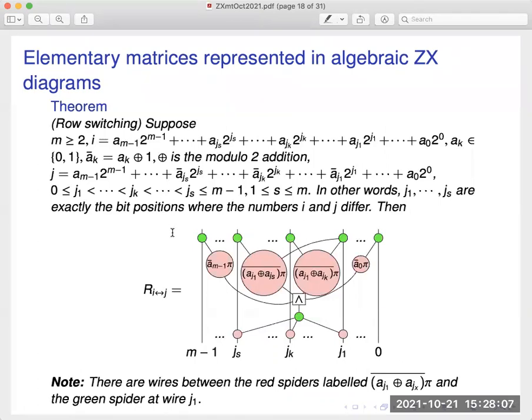Because you swap the ith and jth row, as before you need both of the binary expansions. This is for I and this is for j, and they also differ at j1 until js, right? So now how do you represent it?